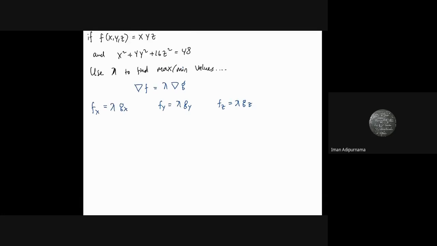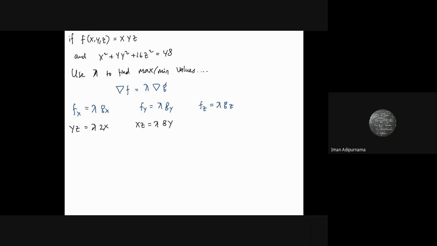So let's take the partial in x, which will be yz equal to lambda, and the second one is 2x, just 2x. This is xz, and lambda 8y.